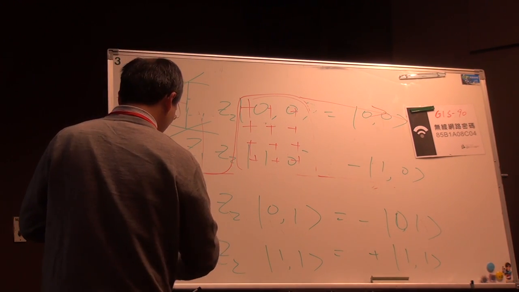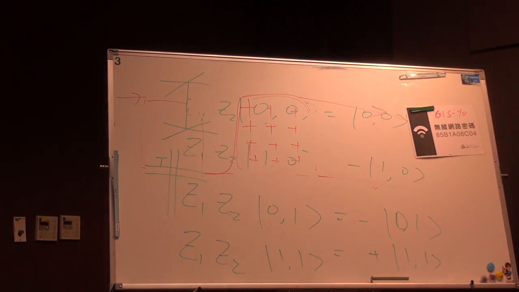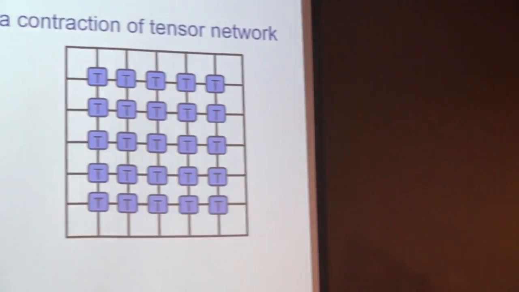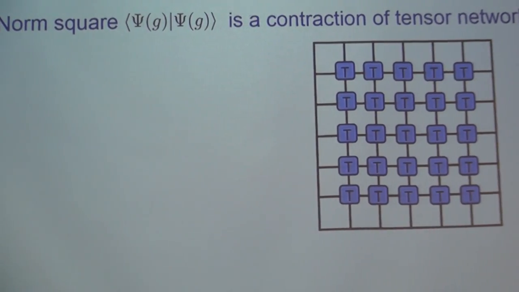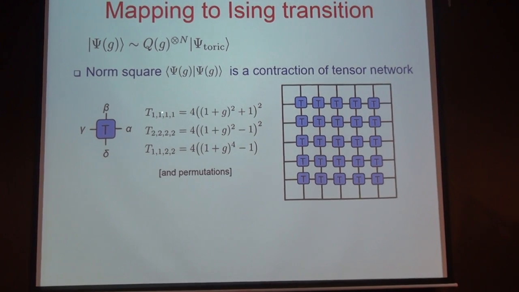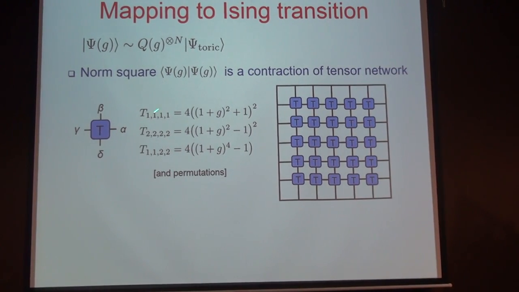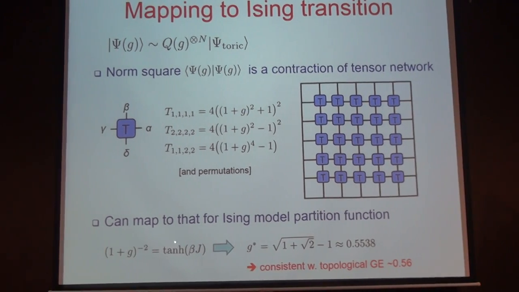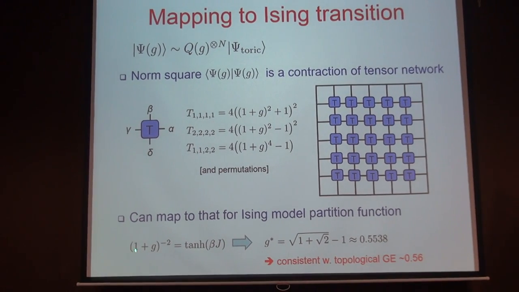It turns out that you can actually map this double tensor, T, to the tensor that describes the partition function of the classical Ising model. So this is the tensor we found, and it can be mapped to the Ising model, and the mapping is via these relations.